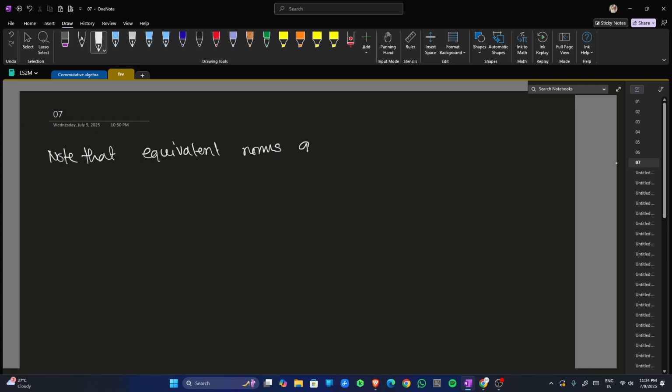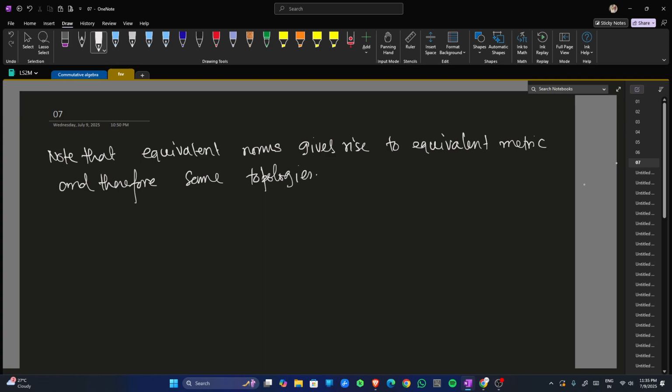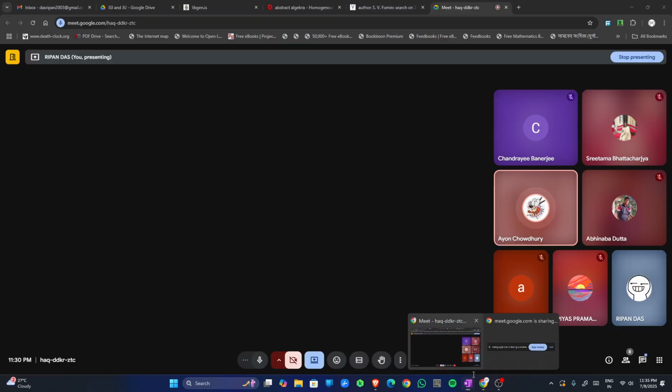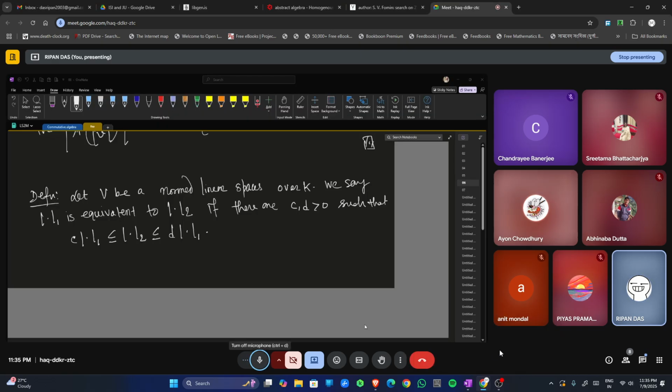Can you please go to the previous page? Yes, someone is saying something. Is the definition fine? We must simply take one variable, right?